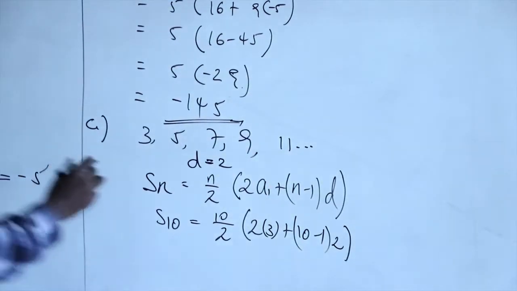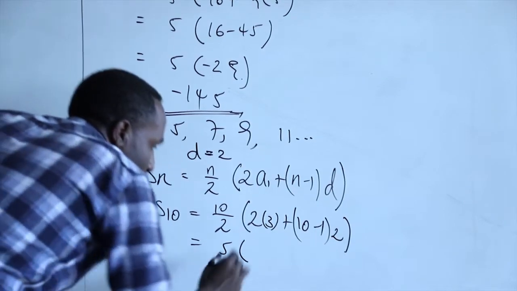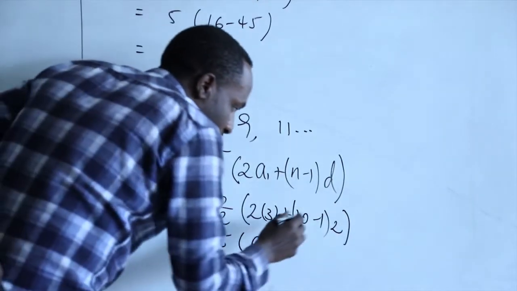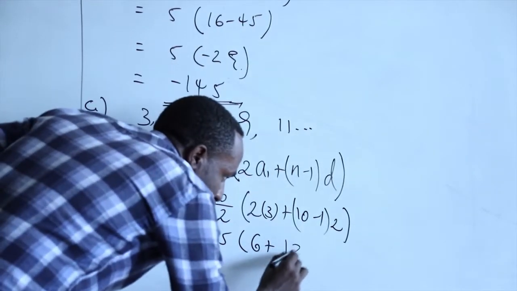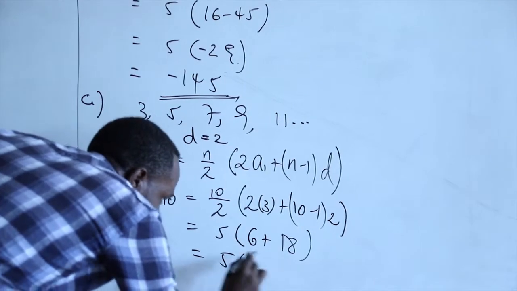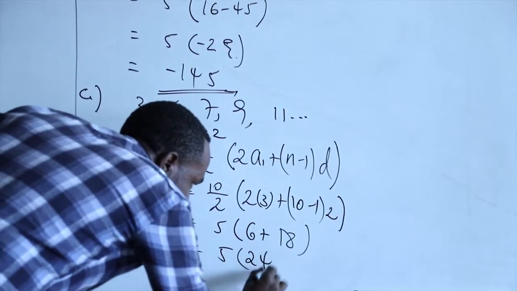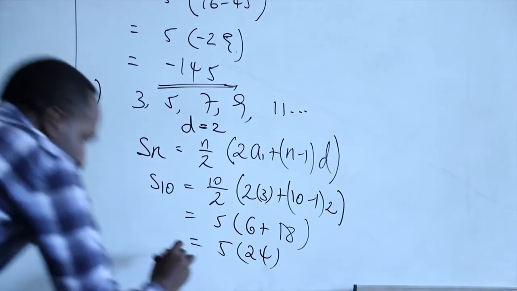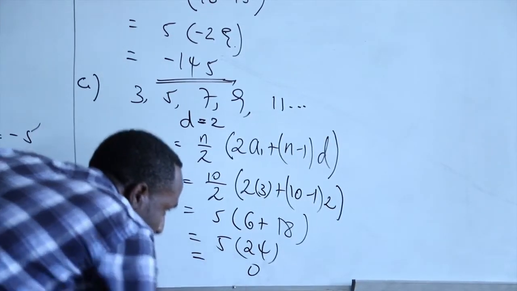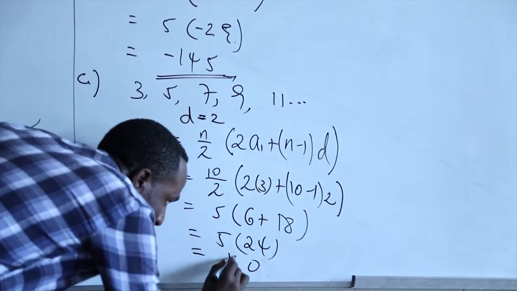Therefore, this equals 5 times (2 times 3 is 6, plus 9 times 2 becomes 18). So we calculated 5 times (6 plus 18), which equals 5 times 24. Now 24 times 5: 5 times 4 becomes 20, we have 2, 5 times 2 is 10, plus 2 equals 12, giving 120.